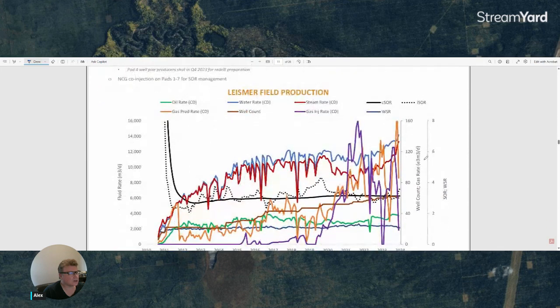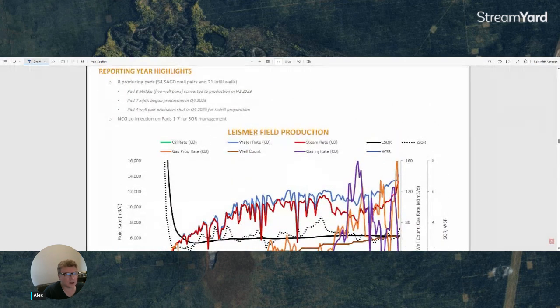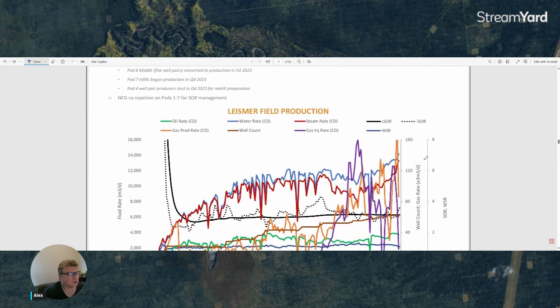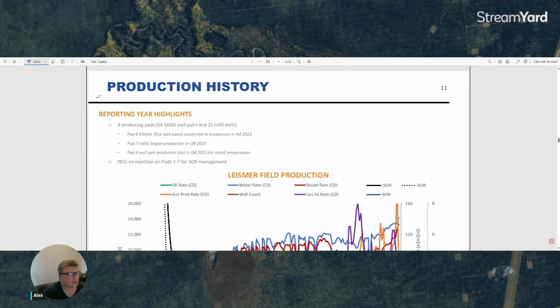Okay, so here's the chart that we're all familiar with from MEG Energy. This is the same thing, but for Leismer. As you can see here, we're going to do a deeper dive on this: production history and reporting year highlights. They have 8 producing pads, 54 SAGD well pairs, 21 infills. They got pad 8 middle 5 well pairs converted to production.